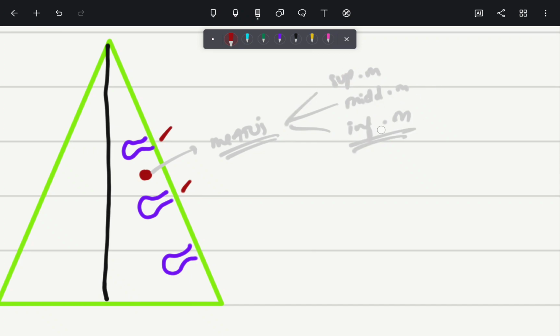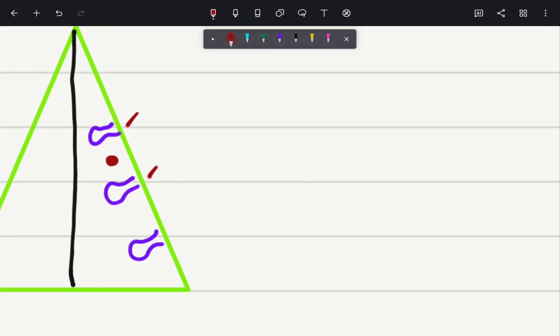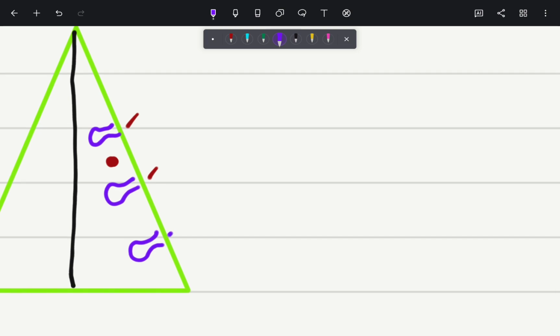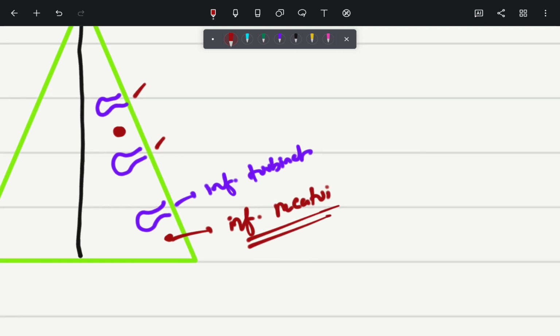I will erase this one. As you can see, this is the inferior turbinate. Below the inferior turbinate there is this space, and this space is your inferior meatus.